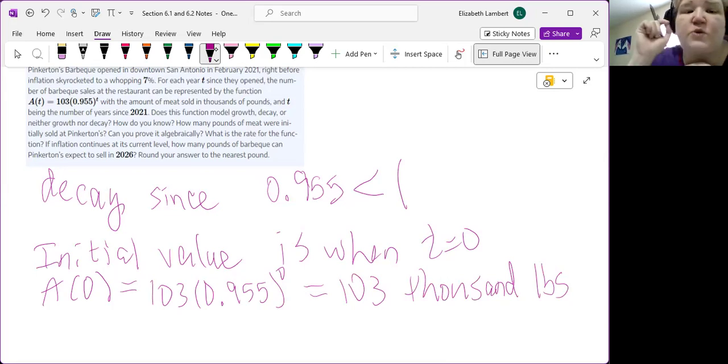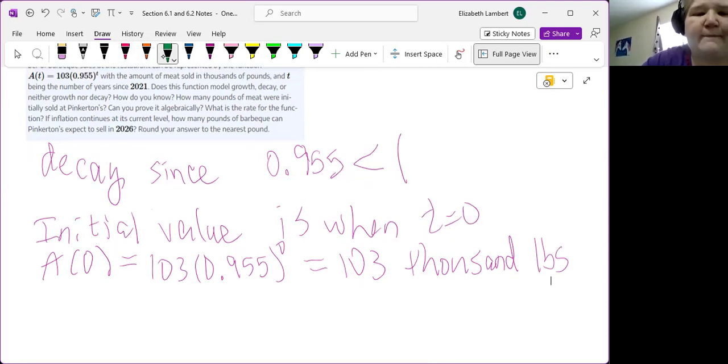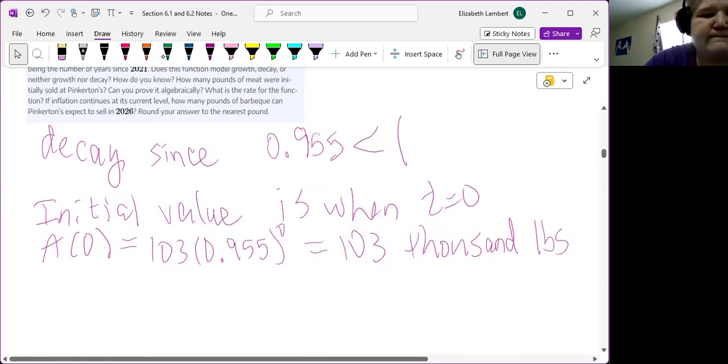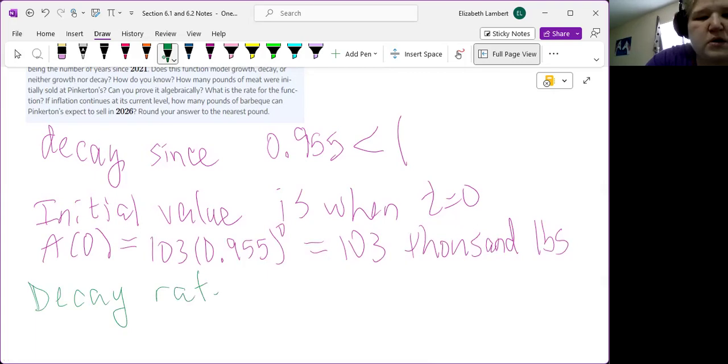And then it says, what is the rate for the function? So that is not the factor, which is our b value. This is the decay rate, since this is a decay graph. All right. So remember, decay rates are always 1 unit off from our b value.